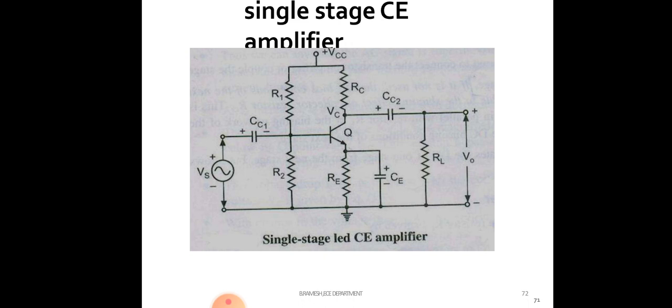If that capacitor is not present, the source resistance combines with R1 and R2 and changes the operating point. It allows the AC signal and blocks the DC signal. That is the purpose of the capacitor.